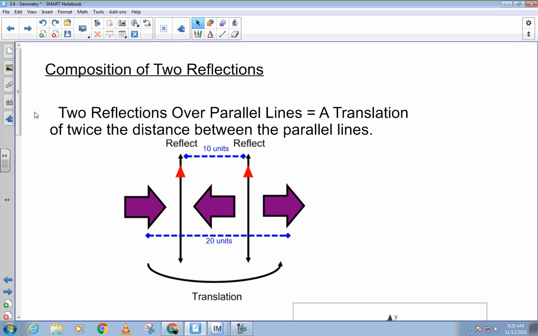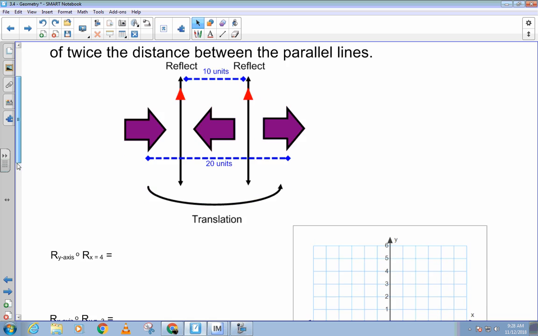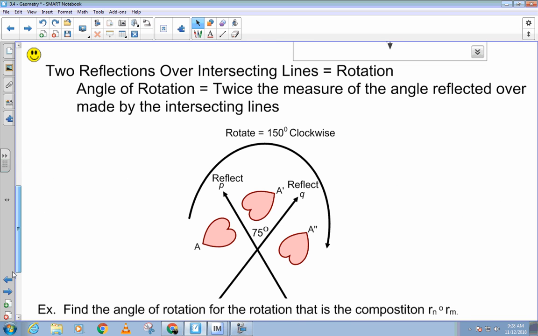And it's always 2 times the distance between the parallel lines. Okay? If I have intersecting lines, see how I've got P and Q that intersect at a 75-degree angle? If I do 2 reflections over intersecting lines, you actually get a rotation. Okay? And it's always twice the angle. Alright? So we're not going to have any of those, but I just want to point that out to you.